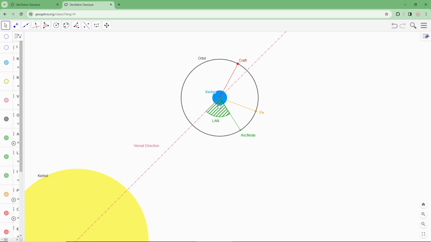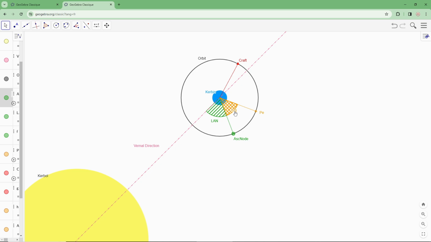This is the angle between the ascending node, Kerbin, and the center of mass of Kerbol, so this is the angle with the vernal direction. If your ascending node changes, the longitude is not the same. Then for any orbit you have a periapsis, and that periapsis is defined with the ascending node. This is called the argument of the periapsis.